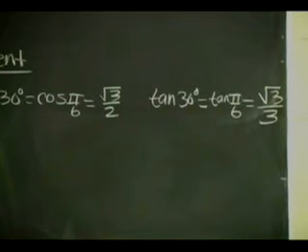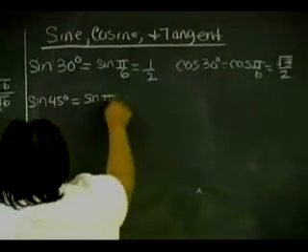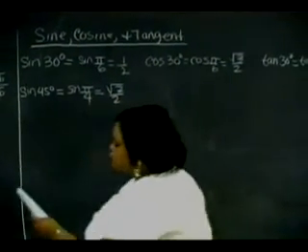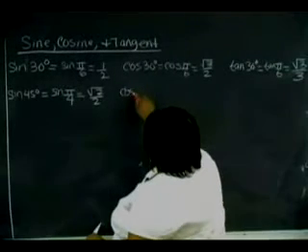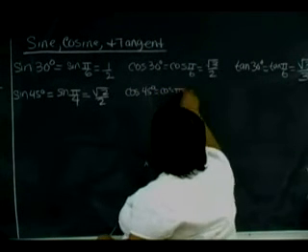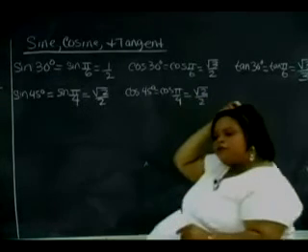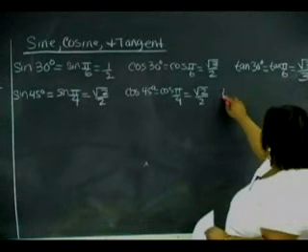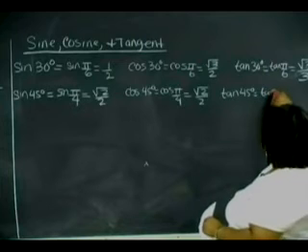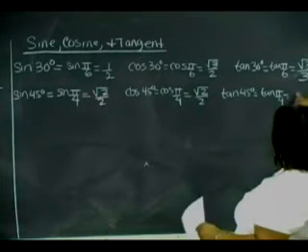Sine of 45 degrees, which you probably already know, which is sine pi over 4, square root of 2 over 2. Cosine 45 degrees, which is cosine pi over 4, is also square root of 2 over 2. And tangent 45 degrees, which is tangent pi over 4, is defined to be 1.